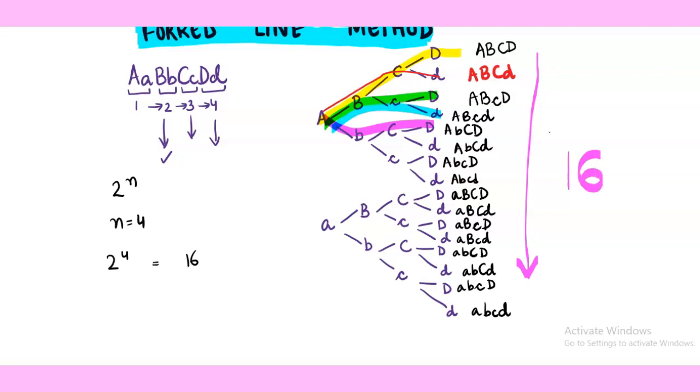Now how to find out whether you have made the right one or whether any gamete has been skipped? In the previous video we have already talked about how to find the number of gametes. Please watch it before coming to this one. The number of gametes can be calculated by this formula. N here refers to the number of heterozygous pairs, and in the given example 4 is the number of heterozygous pairs.